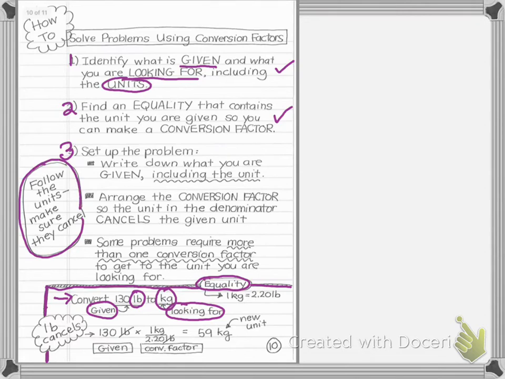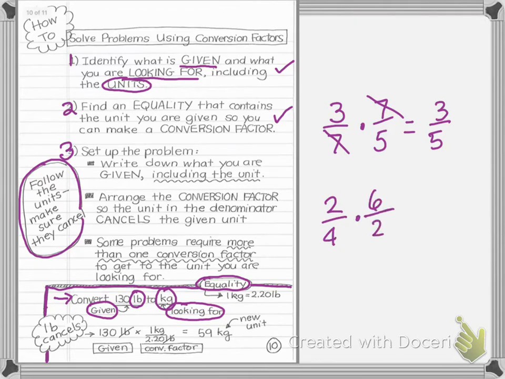I often mention in class, if I had a math problem and it said 3/7 times 7/5, and I wanted to simplify this, I know that if I have the same unit on the bottom and on the top, those would cancel, right? So if I had 2/4 and I multiplied that by 6/2, the 2 on the top and the 2 on the bottom could cancel. And I know that can reduce, but you get the idea. Well, units work the same way.